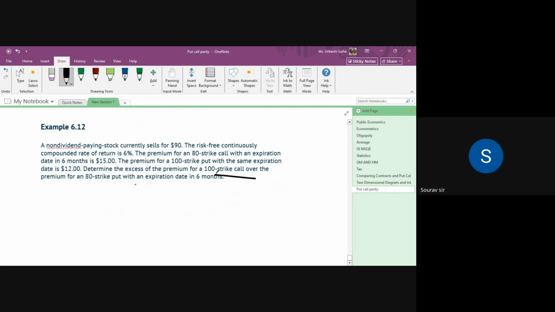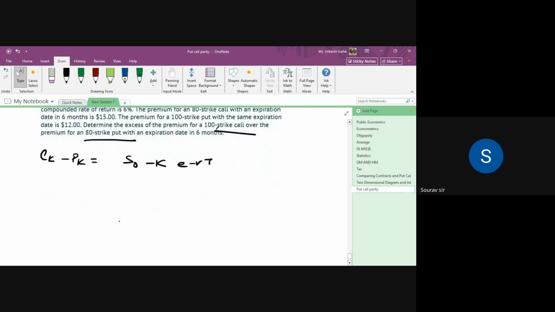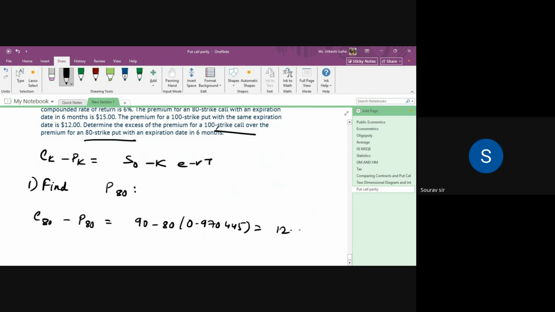Here C(K) minus P(K) is equal to S naught minus K e to the power minus RT. First, if you see the question, you have to find P for 80. So C80 minus P80 is equal to 90 minus 80 times 0.97045, that is 12.3644. Done.